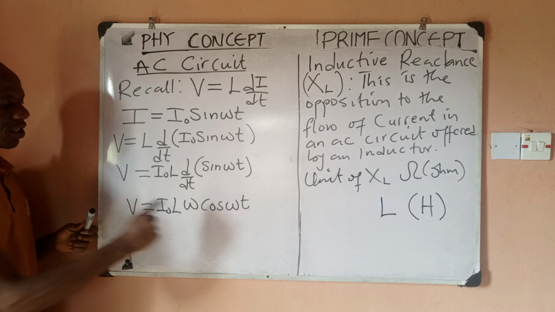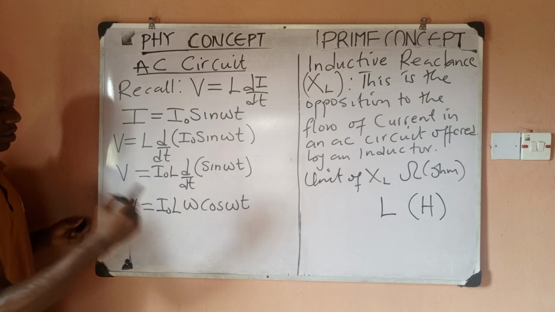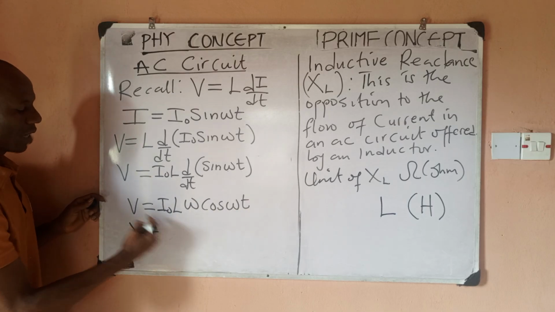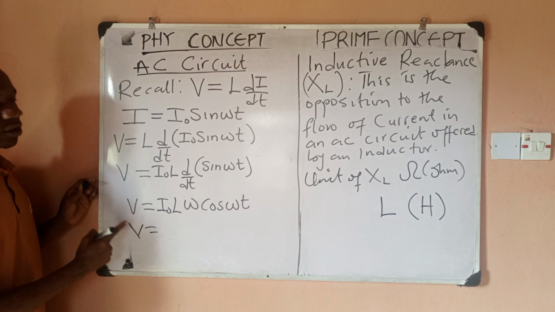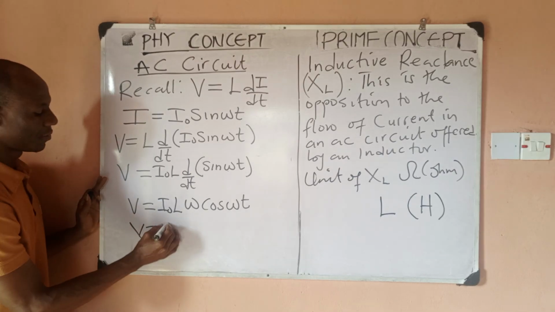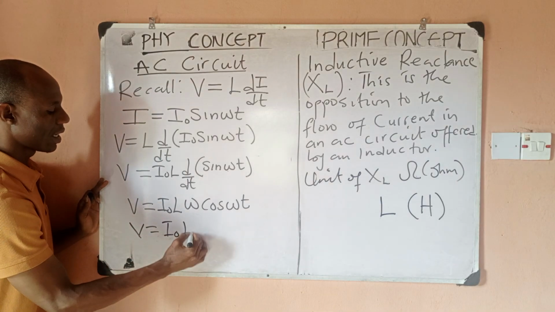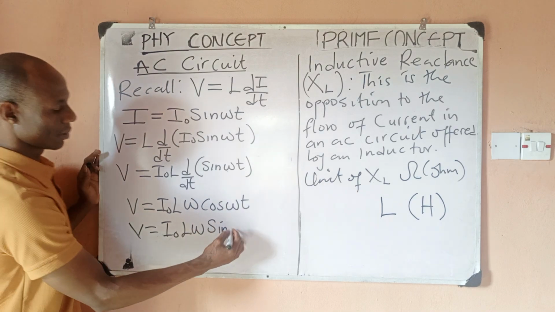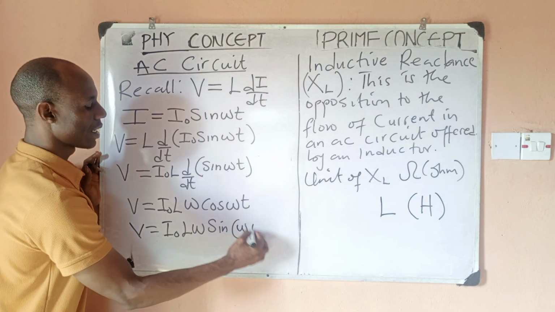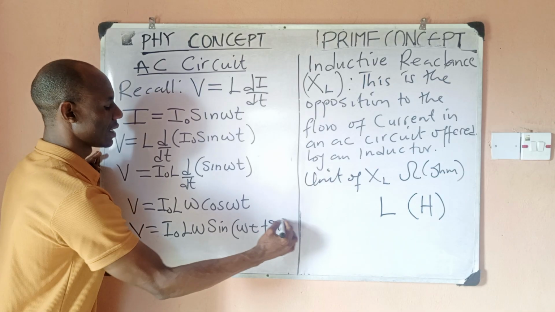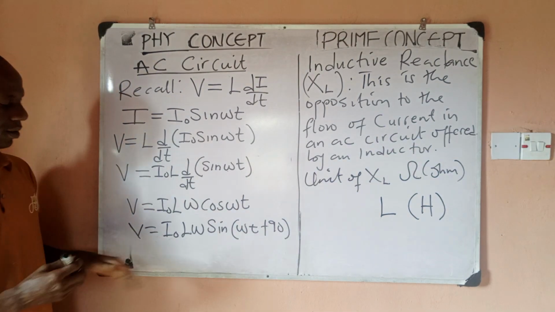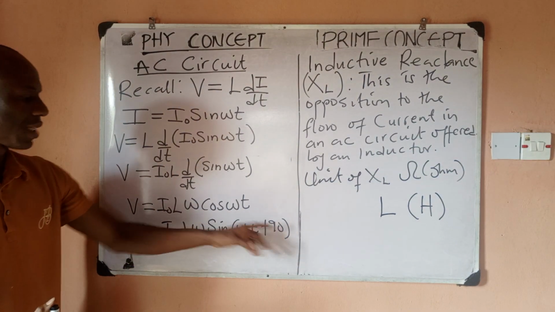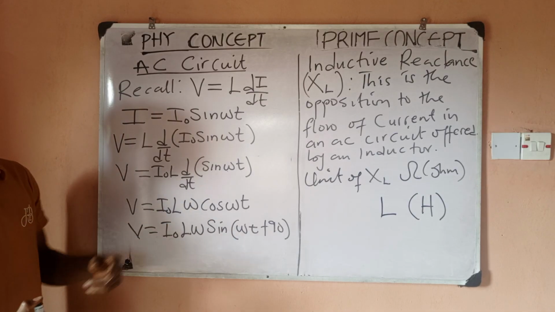Now remember, if I want to write this voltage in terms of a sine function, I can still say that V is I naught L omega sine of omega t plus 90. This sine omega t plus 90 is still the same thing as cos omega t.